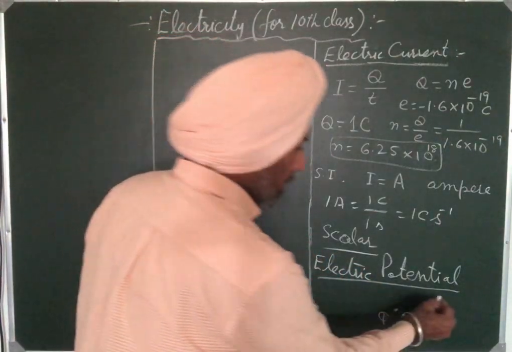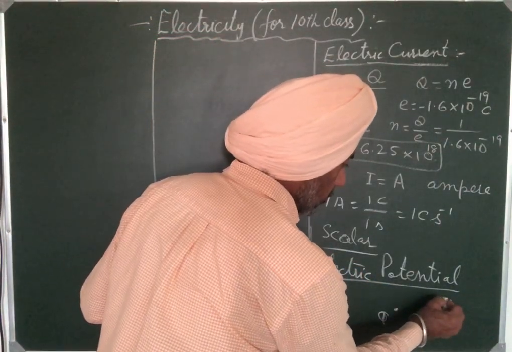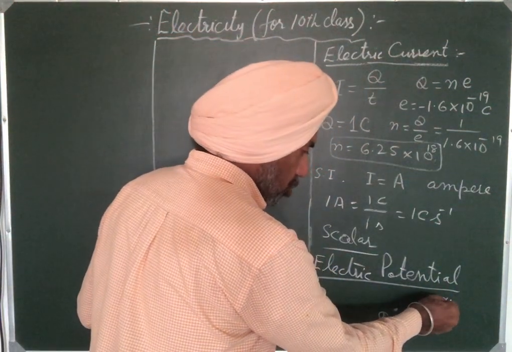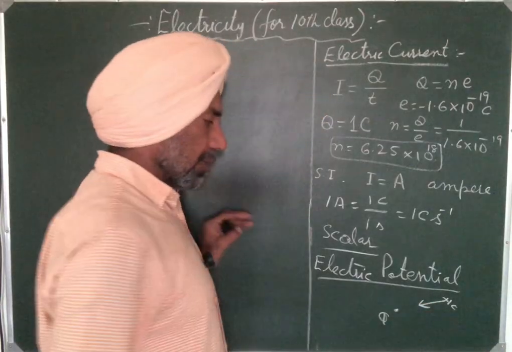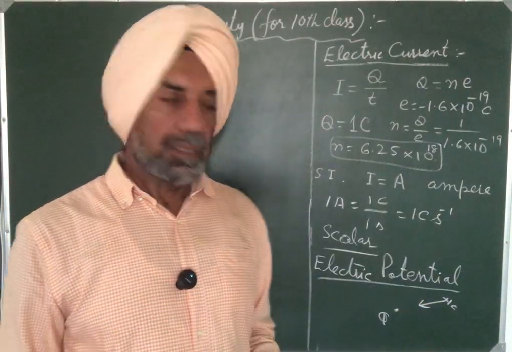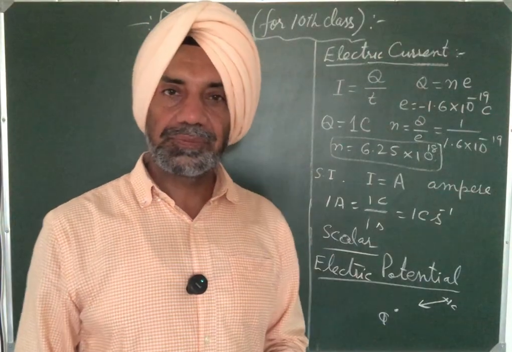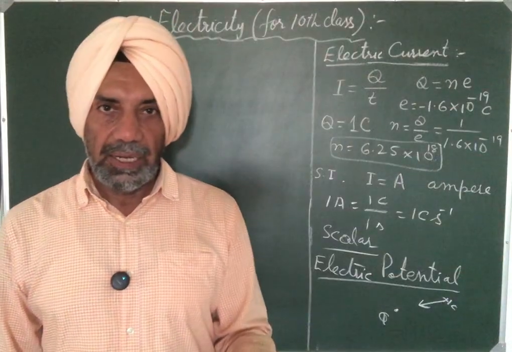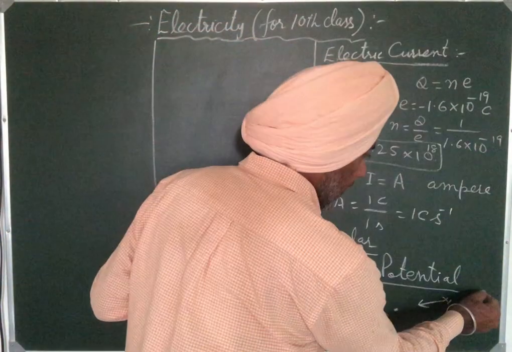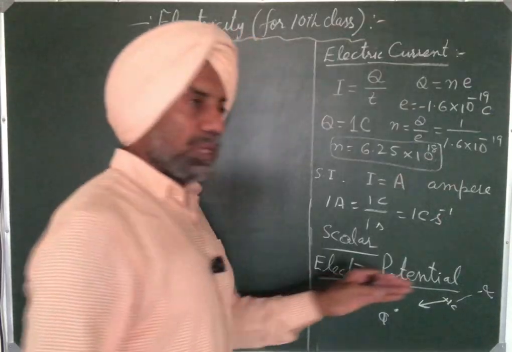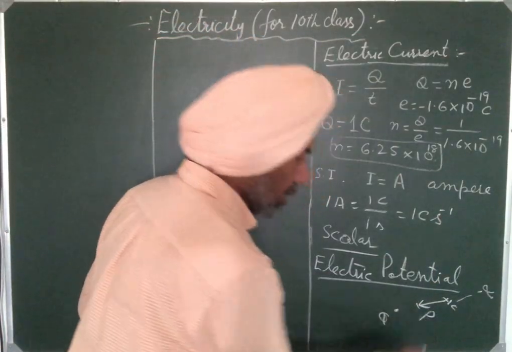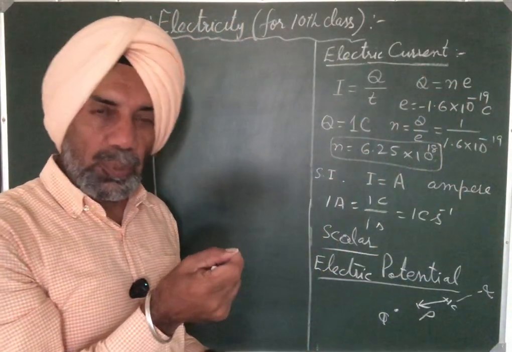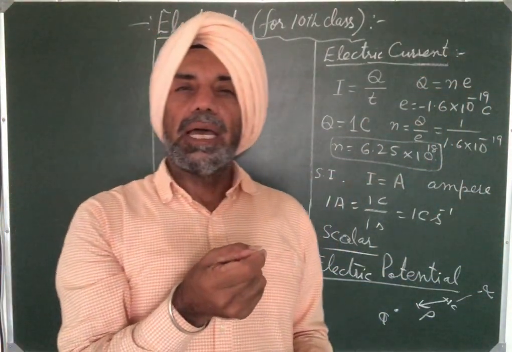Means if we place any other charge, plus 1 coulomb, unit charge suppose, and when the unit charge is brought close to the charge Q, work has to be done. This amount of work done in bringing a unit charge from infinity to the given point, say point P, is known as electric potential at that point.